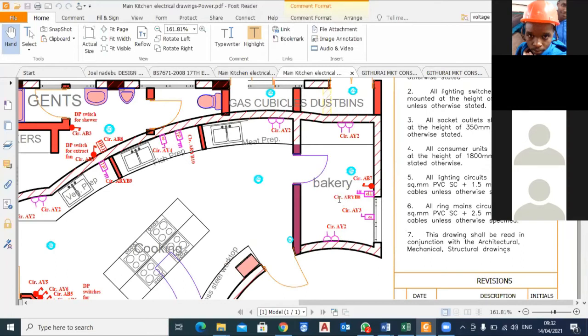This one I have called it ARYB number 8. Then ukikuja hapa pia penye mkono wangu imeenda, I hope you're able to move with my hand. In the bakery, I have circuit ARYB number 8. Then hapa penye kuna veg preparation area, we have circuit ARYB number 9.